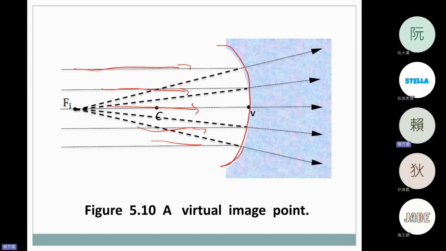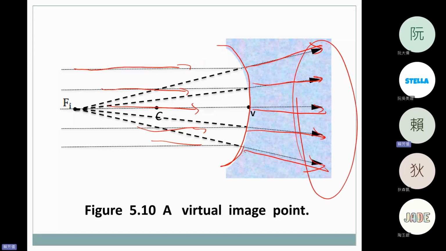Then after transmitting through this surface, it will diverge like this. So on this side the light actually diverges, but backward, it seems to focus on this point.